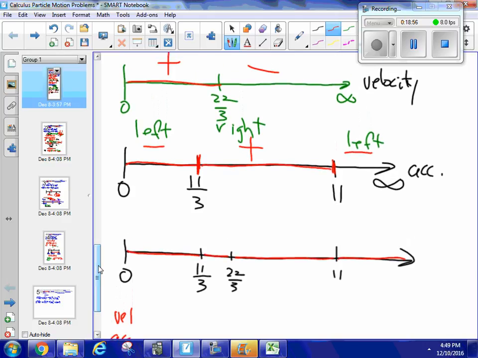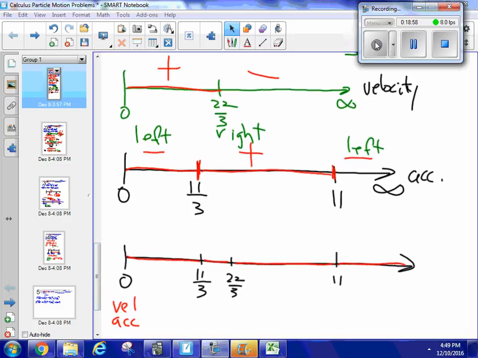Between 0 and 11 thirds, my acceleration is negative, and my velocity is positive. Between 11 thirds and 22 thirds, my acceleration is positive, and my velocity is also still positive.